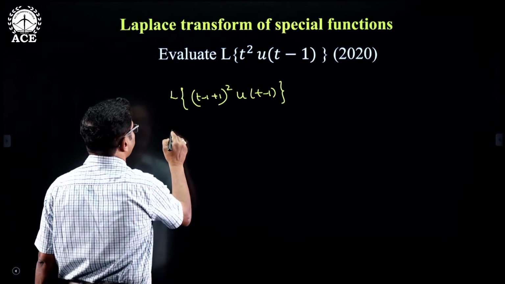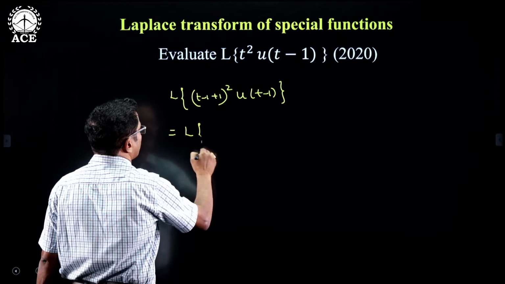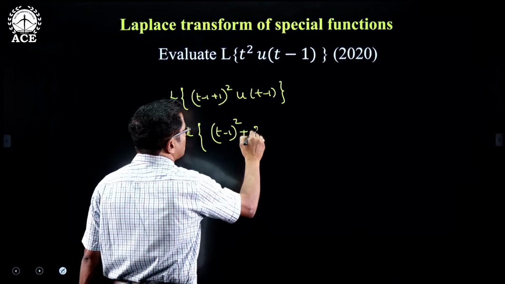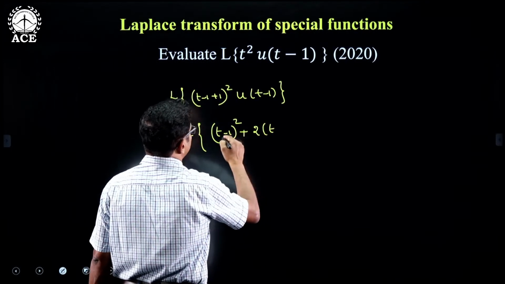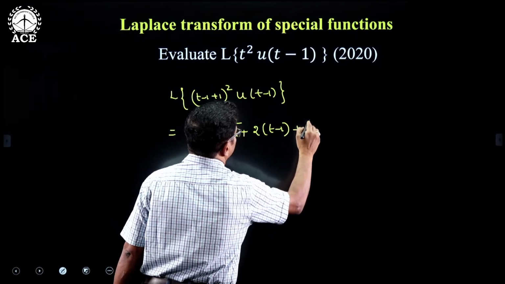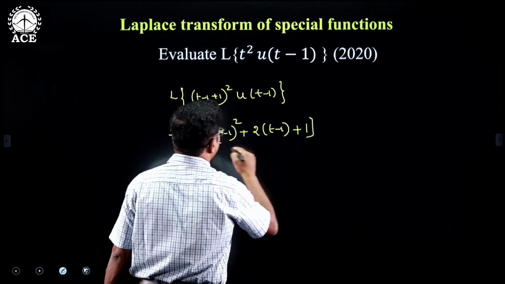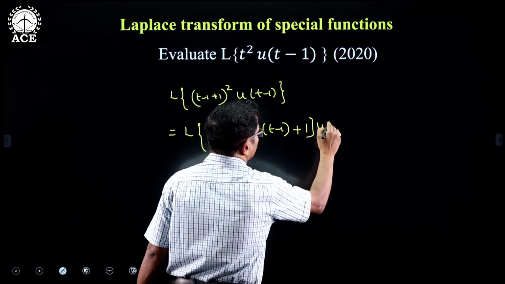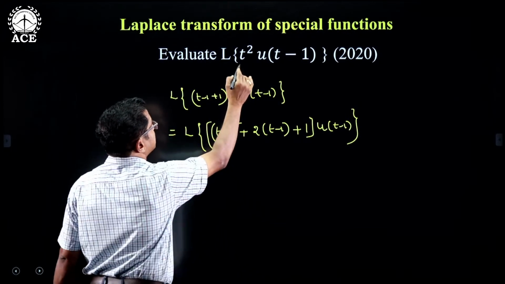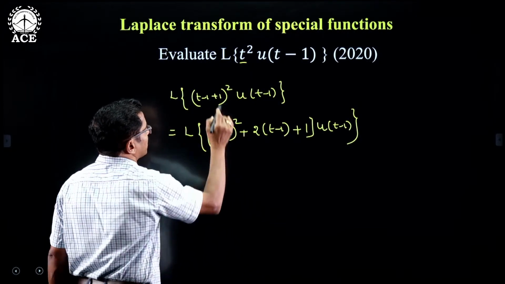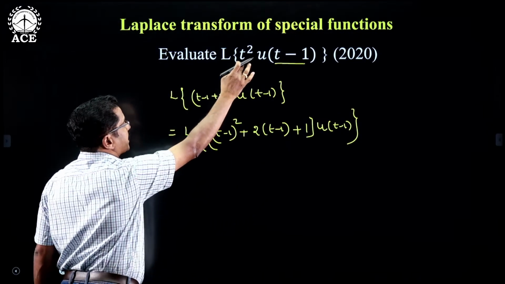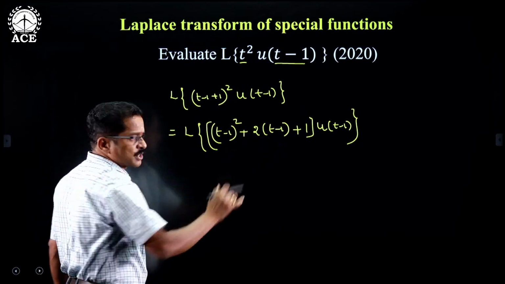So which is equal to L of (t minus 1 whole square plus 2 into (t minus 1) plus 1) into u of t minus 1. I expanded this. I write t as t minus 1 plus 1, because here we have t minus 1, so I am trying to write t square in terms of t minus 1.